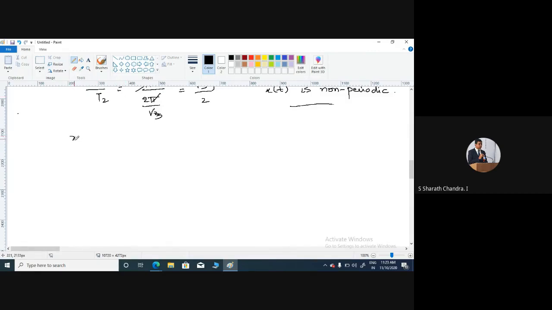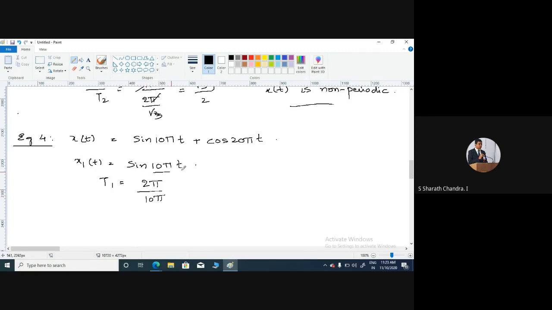Let us consider another example, example number 4, where the composite signal x of t is the sum of two signals: sine 10 pi t plus cos 20 pi t. Here clearly x1 of t is equal to sine 10 pi t, and its fundamental period T1 can be written as 2 pi by 10 pi, since the omega naught value is 10 pi, therefore this is equal to 1 by 5 seconds.